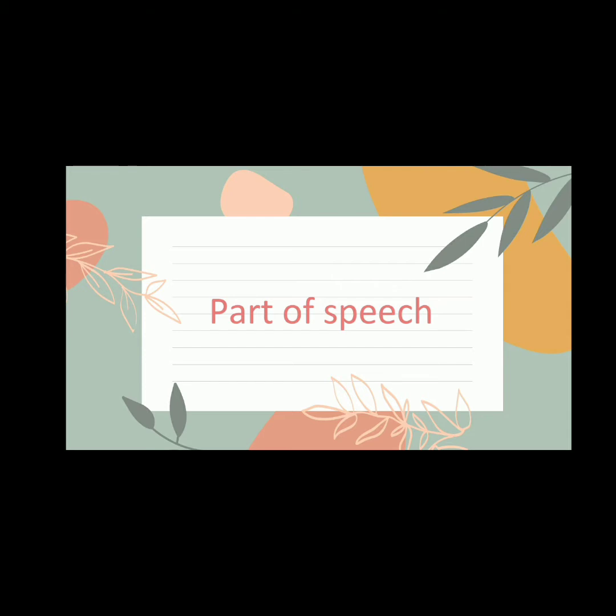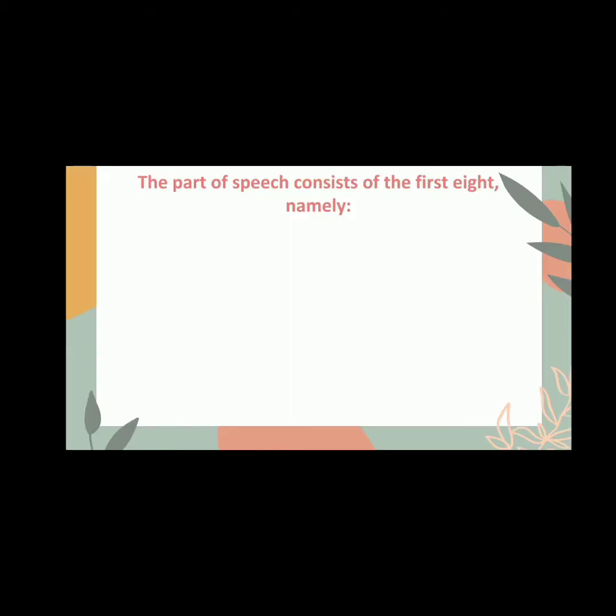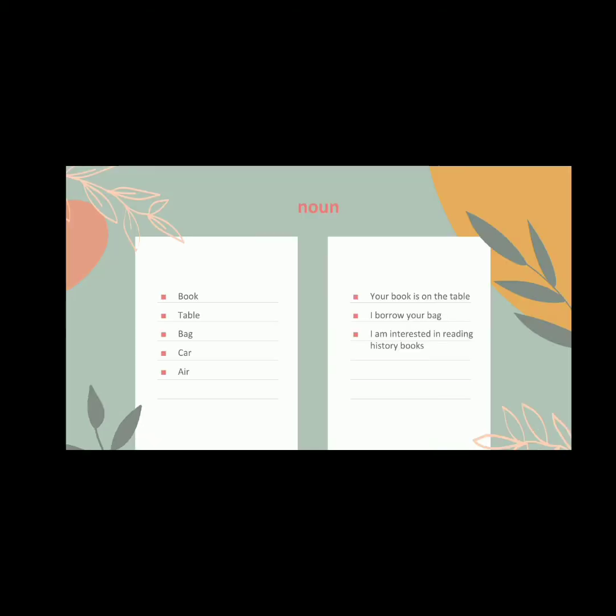All the words in English can be sorted into the categories which I mention after this. The parts of speech consist of the first 8, namely noun, pronoun, verb, adjective, adverb, preposition, conjunction, and interjection.